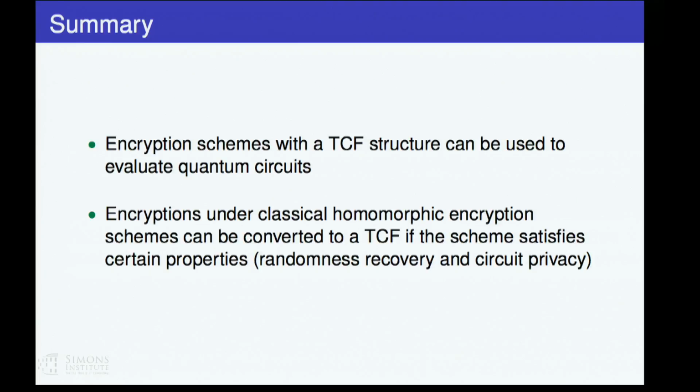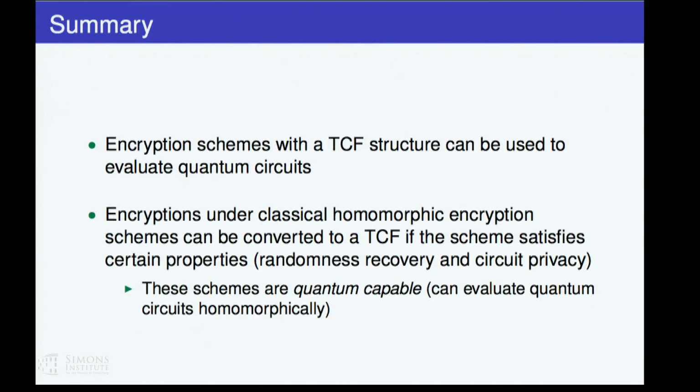So if they satisfy randomness recovery and circuit privacy, then an encryption under a classical homomorphic encryption scheme can be converted to this trapdoor claw-free function. And then that classical homomorphic encryption scheme can be used to evaluate quantum circuits homomorphically. So I call classical homomorphic encryption schemes which satisfy these properties quantum capable, and those schemes can be used for quantum circuits. And that's all.